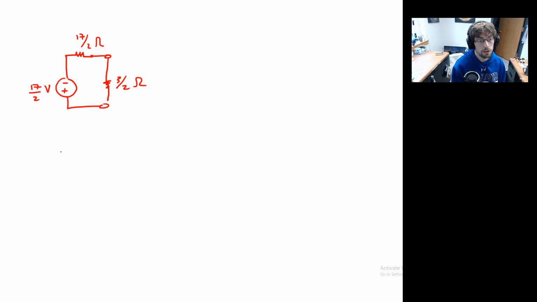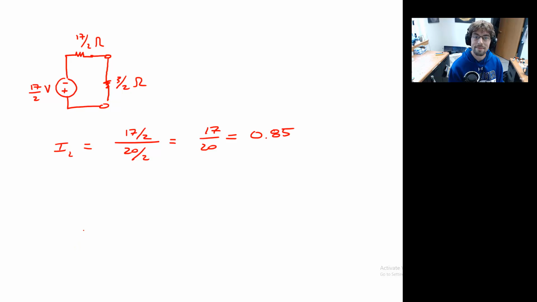We'll go ahead and find the current through the load just for completeness. So the current through the load is going to be 17 halves divided by 20 halves, which again, 17 over 20. So this is 100 minus 15. So this is 0.85 amps. There you go. And notice that it's flowing counterclockwise, so you could probably put a negative sign in there too. Cool, huh?